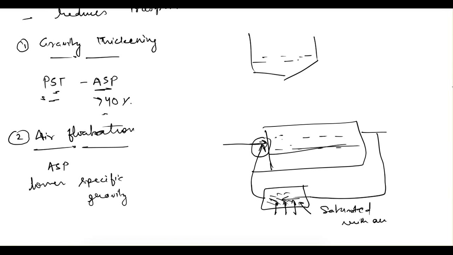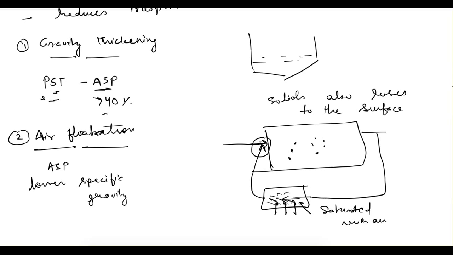When it enters this tank, because it is mixed with air, the air bubbles will try to go up, and along with these bubbles the solids will also stick and rise to the surface.